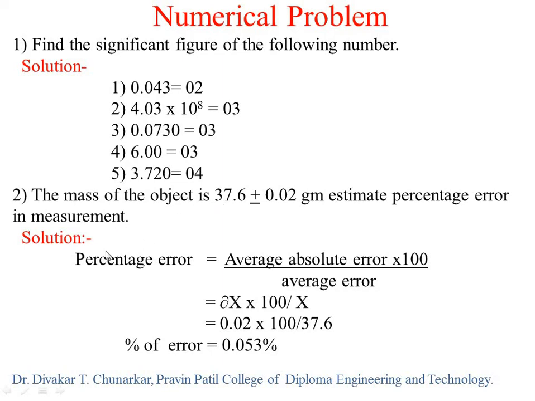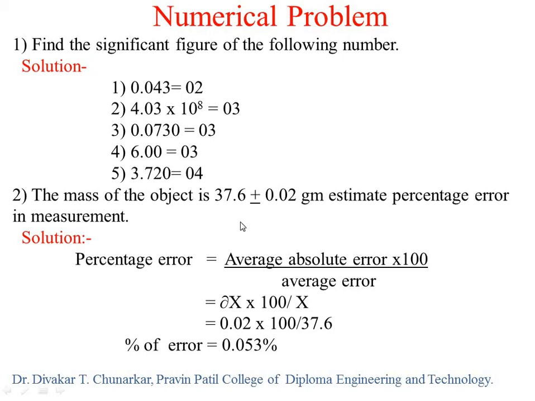So first we write the given parameters in the numerical problem. This average value is 37.6 and the average absolute error is 0.02 gram, and we calculate the percentage of error.